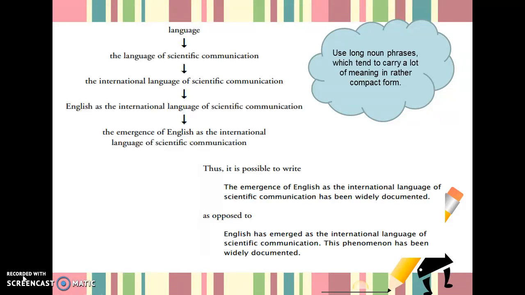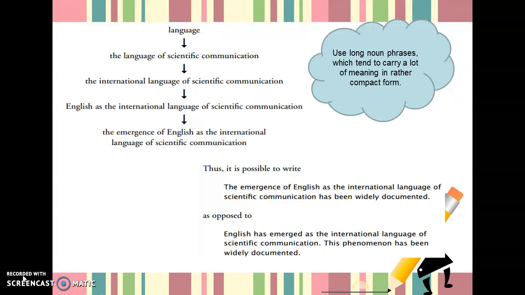Here we have the suggestion of using long noun phrases, which tend to carry a lot of meaning in a rather compact form. It's little by little adding more elements to a sentence, so as to have more consolidated noun phrases.